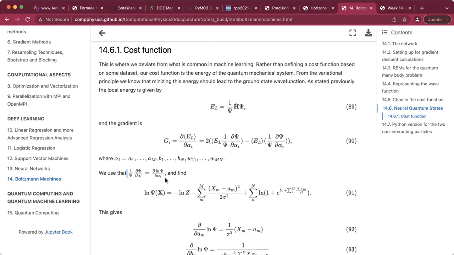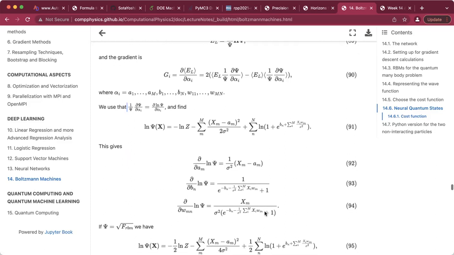This is very helpful when we are setting up a Boltzmann machine, because Boltzmann machines are given in terms of exponentials. When we take the log of the Boltzmann distribution, we simply reduce it to sums, and that really simplifies life for us.